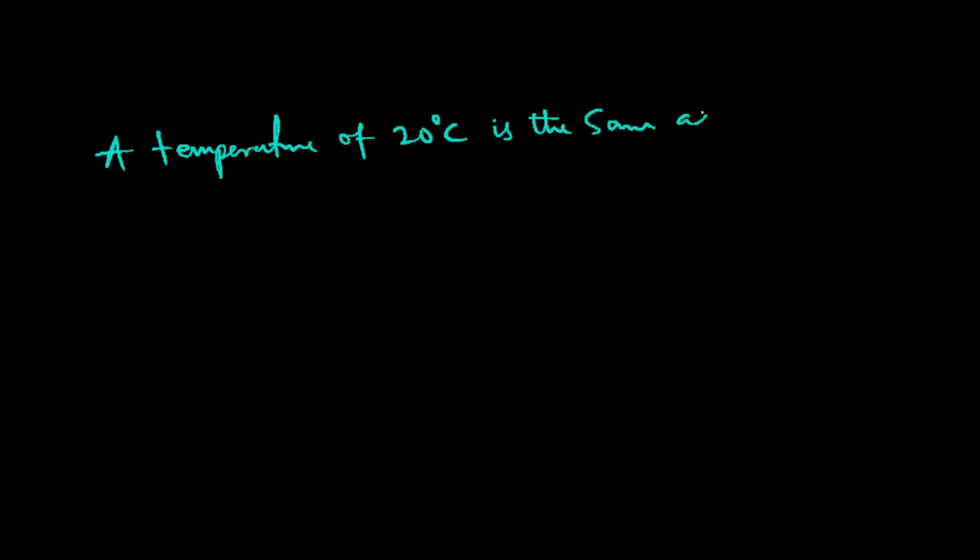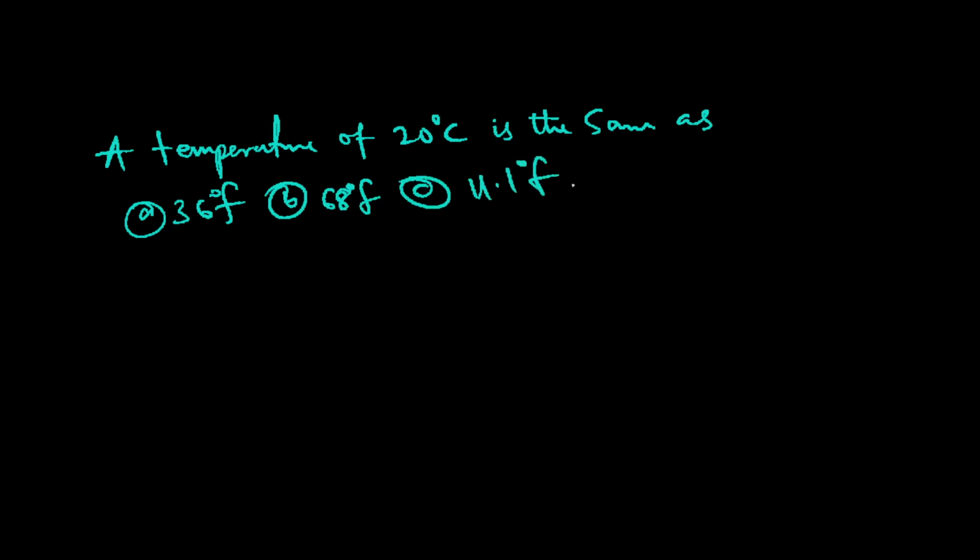So, a temperature of 20 degrees Celsius is the same as: A, 36 degrees Fahrenheit; B, 68 degrees Fahrenheit; C, 11.1 degrees Fahrenheit; and D, 43.1 degrees Fahrenheit. Okay, guys, what is the right answer to this?